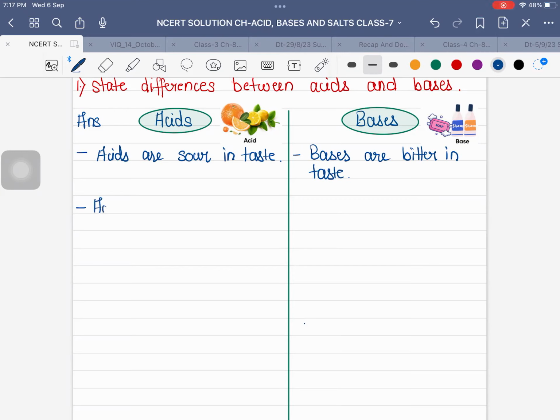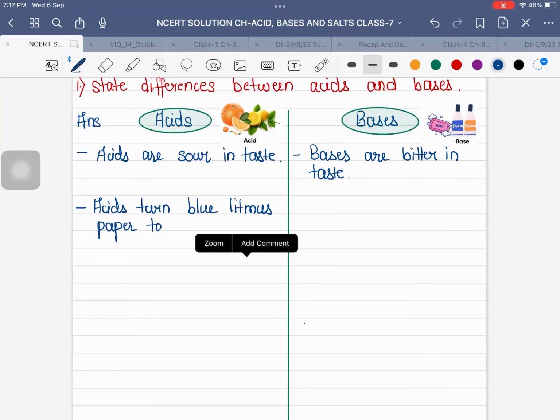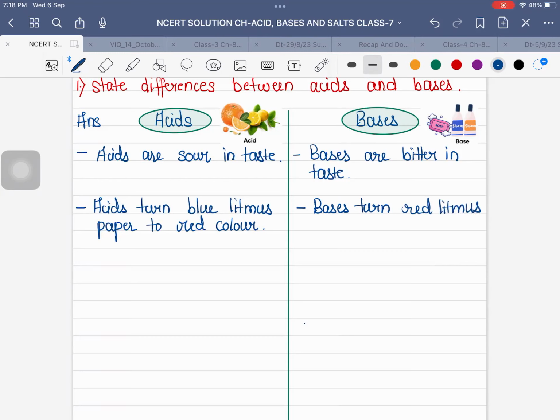Acids turn blue litmus paper to red color, whereas bases turn red litmus paper to blue color.